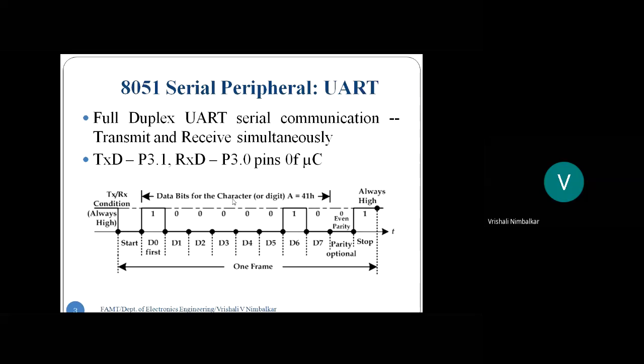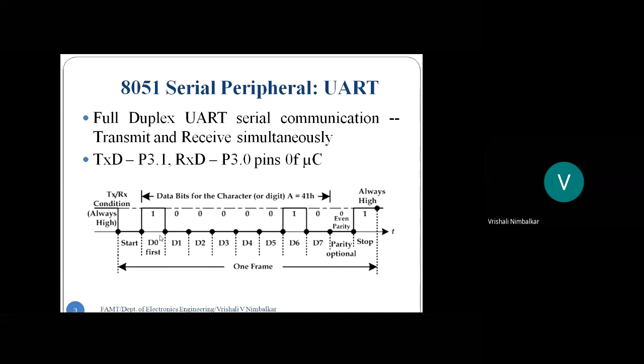That character A is automatically converted into its ASCII code by the microcontroller. For example, here the ASCII code of character A is 41 hex. So these are the 8 data bits I want to send, 41 hex.